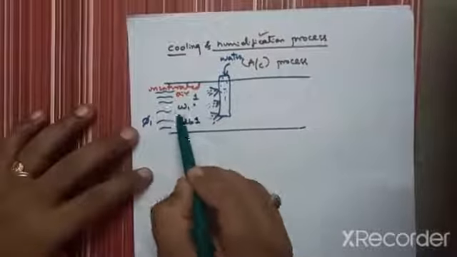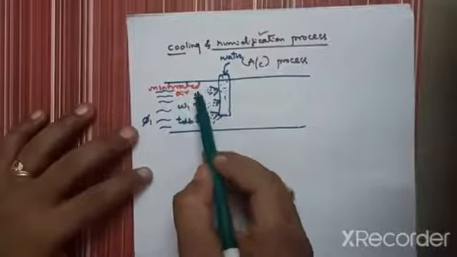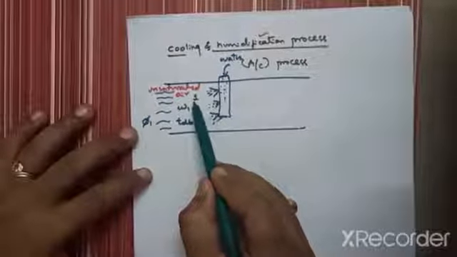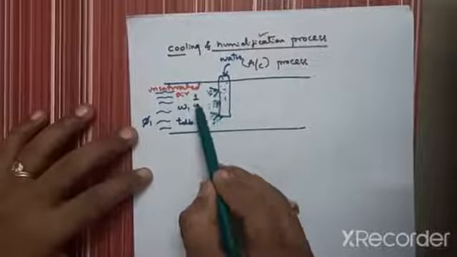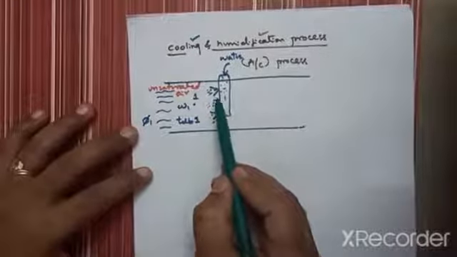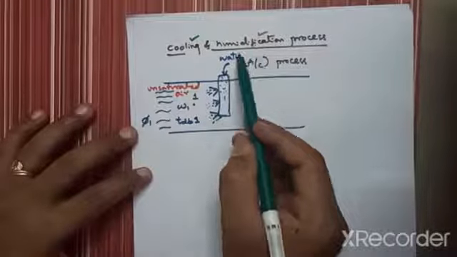Initially the temperature of the air is more than the water, and this high temperature air mixes with water and cooling takes place. So simultaneously humidification is there as well as cooling.